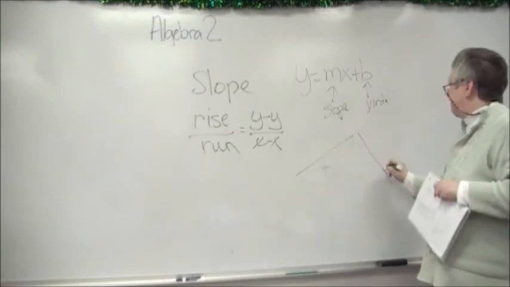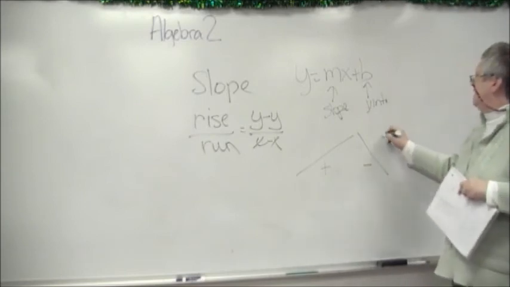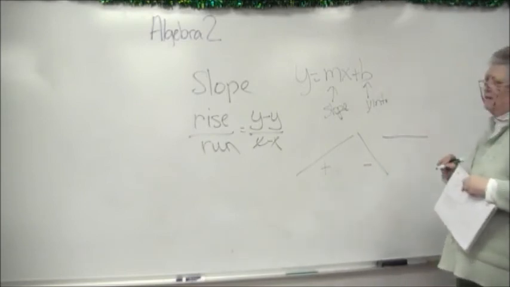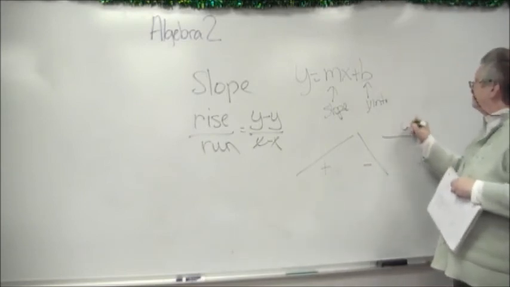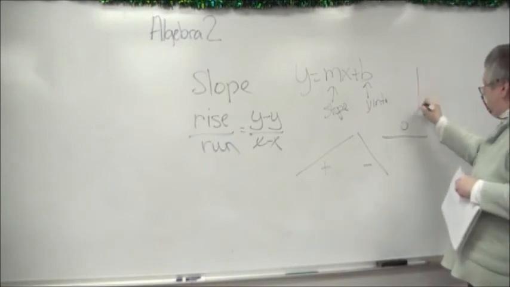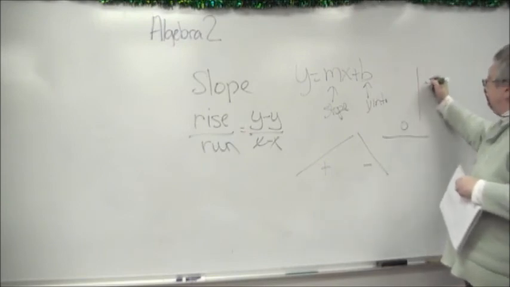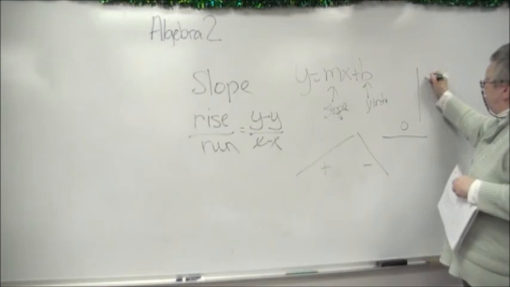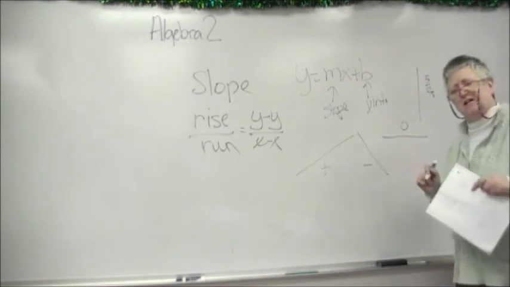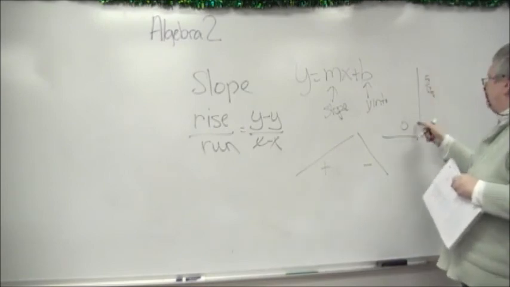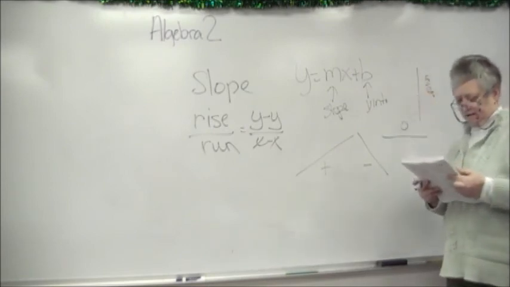If it's going downhill, it's a negative slope. If it's going across as a horizontal line, that's when the slope is 0. If the slope is straight up and down, that's one where you have like 5 over 0. Because you can't divide by 0, that's the undefined. Because it will go up 5, but it doesn't go back and forth.